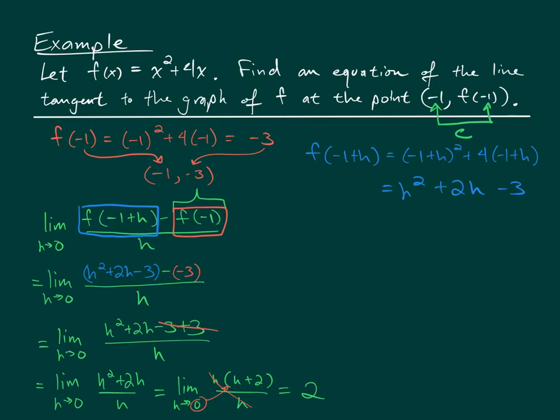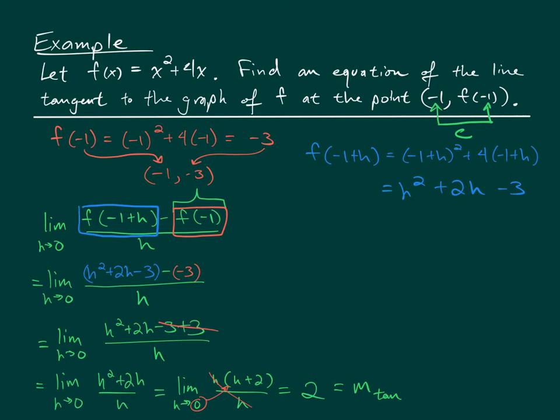That being said, we are asked to find the line tangent to the graph. So we are not just looking for the slope of the tangent line. That's what this is here, m tangent. What we need is the line, the actual line.